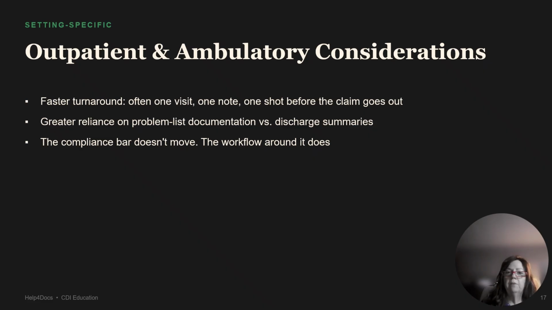Turnaround time is often faster on these, and you might have only one visit, one note, and one shot to clarify before that claim goes out. So there's also more of a reliance on the problem list documentation, and less reliance on discharge summaries like we see in inpatient. So the compliance bar isn't moving, but the workflow around it changes depending on whether we're inpatient or outpatient.